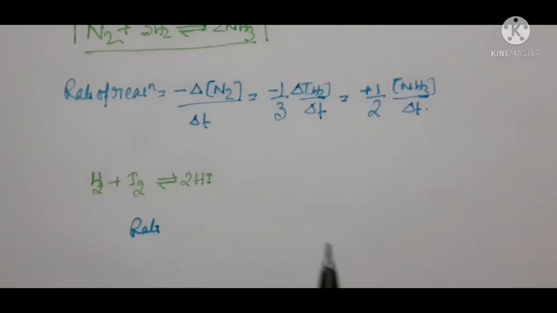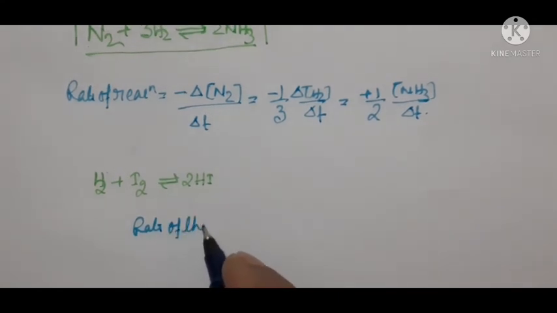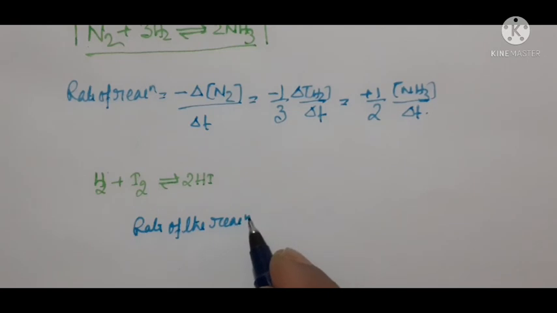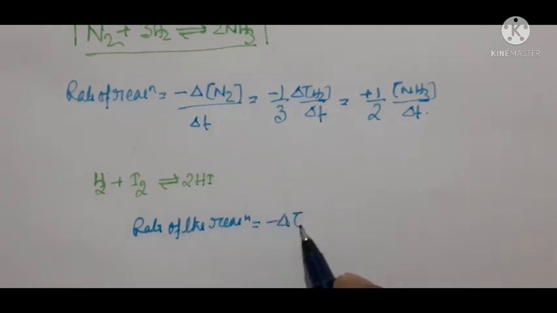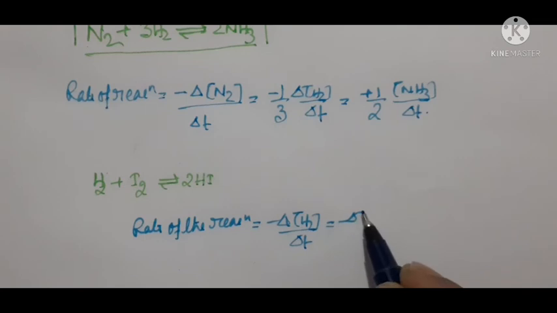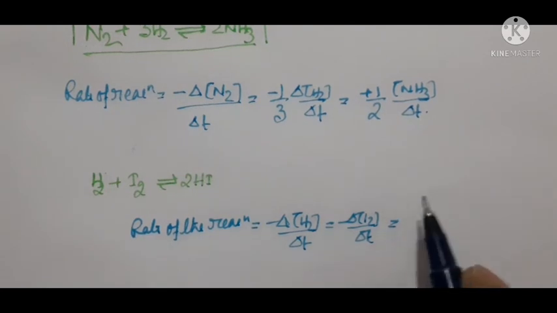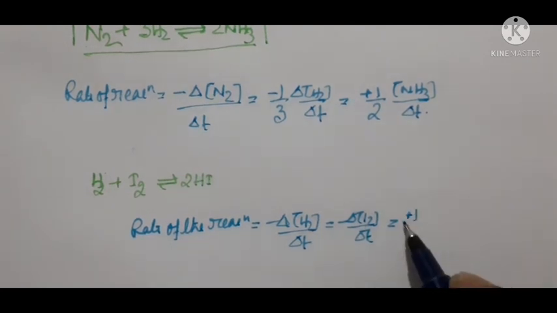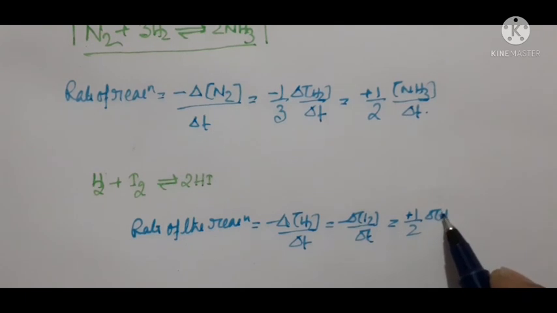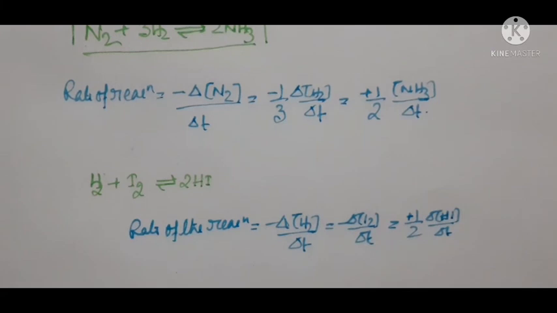Rate of the reaction equals, reactant side negative, minus del H2 by del T equals minus del I2 by del T. In the product side there is a coefficient 2, so it can be written as 1 by 2 del HI by del T. So by using the rate law, we can find out the rate of reaction for any type of chemical reaction.